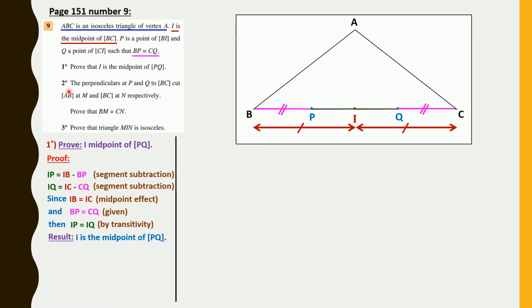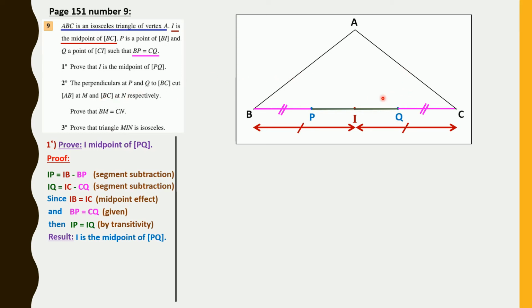Now question 2, the perpendiculars at P and Q to BC. So we need to draw the perpendiculars to BC at P and at Q using our set square. Cut AB at M. When we draw the perpendicular, it will cut AB at M. And here it should be AC.